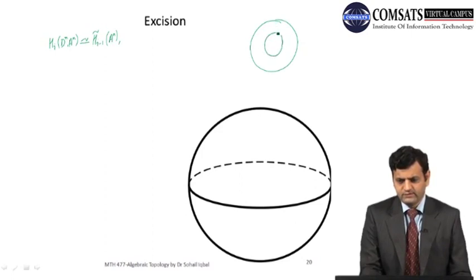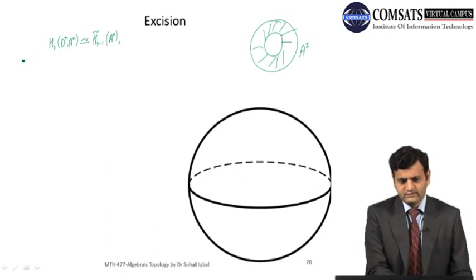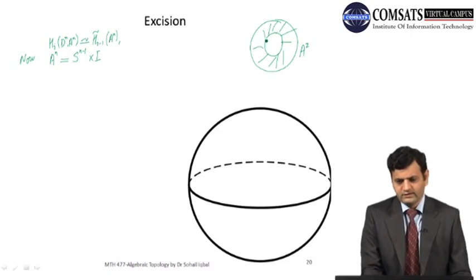In this two-dimensional space we have this annulus as A2, and now An is equal to Sn minus 1 cross I. This is homeomorphic to a circle; taking the cross product with I, we draw these circles and we get this annulus.